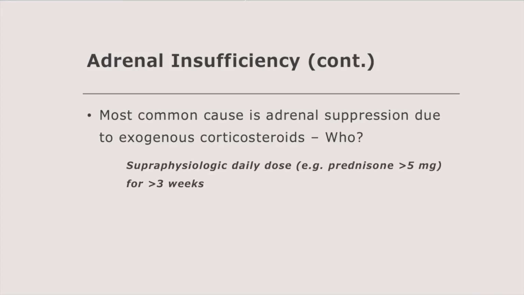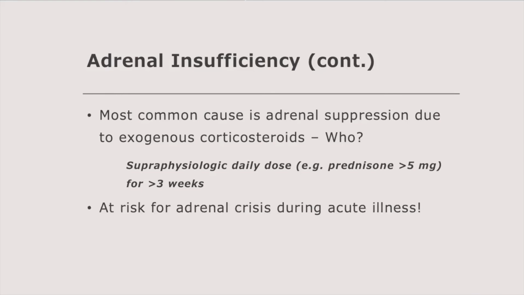Technically, anyone who's on a supraphysiological daily dose of more than 5 for more than 3 weeks is at risk for adrenal insufficiency. But you're totally right, it's actually usually with higher doses. But I want this to be on your radar, even if someone's on 10 or 7.5, they're technically at risk for adrenal axis suppression.